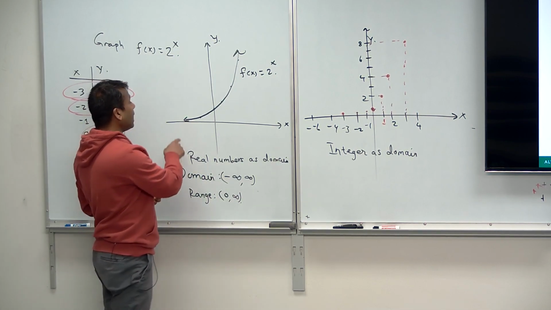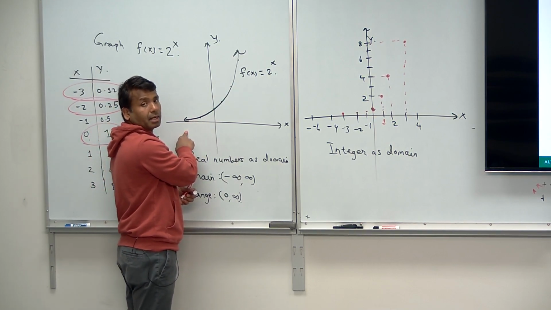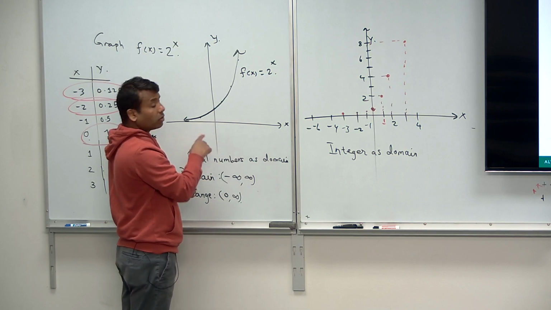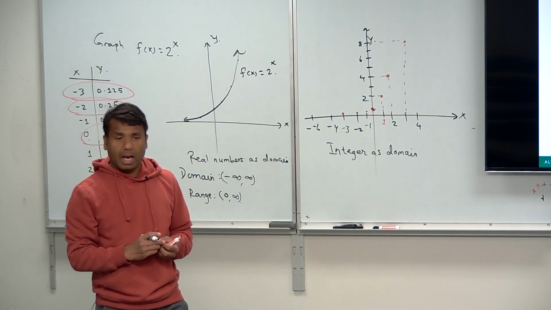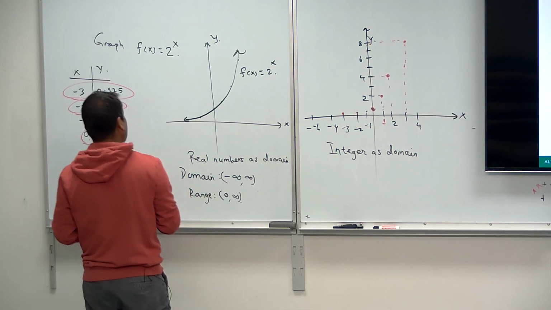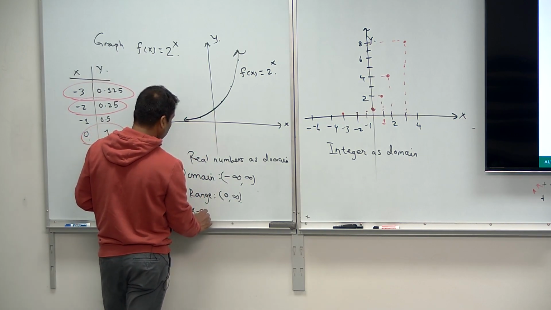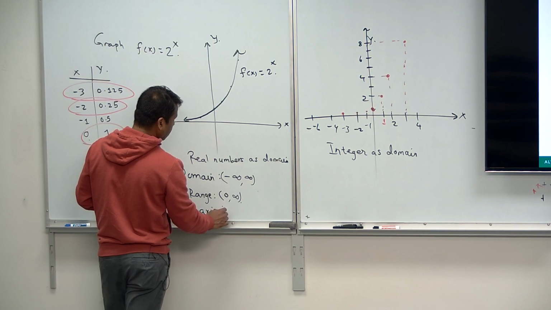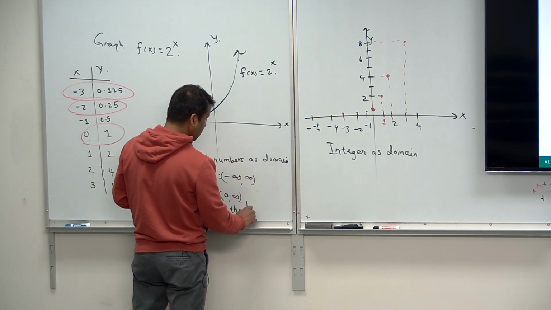And the graph does not intersect the x-axis. So the x-axis is the horizontal asymptote.